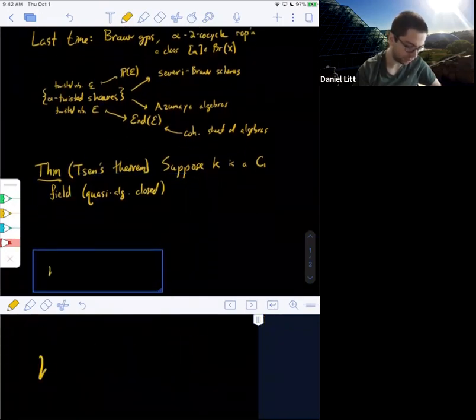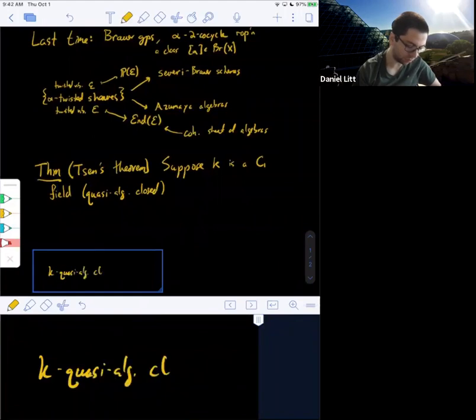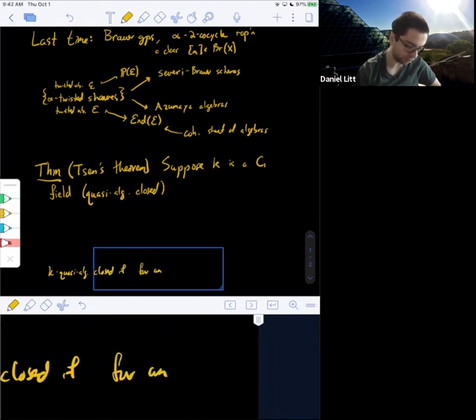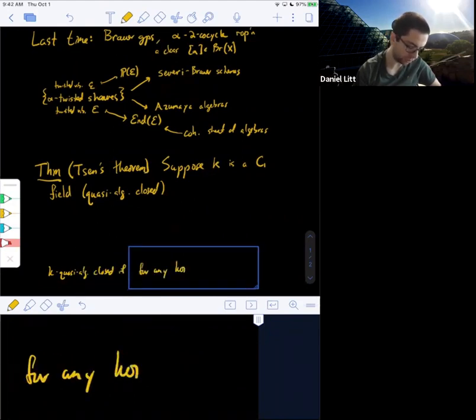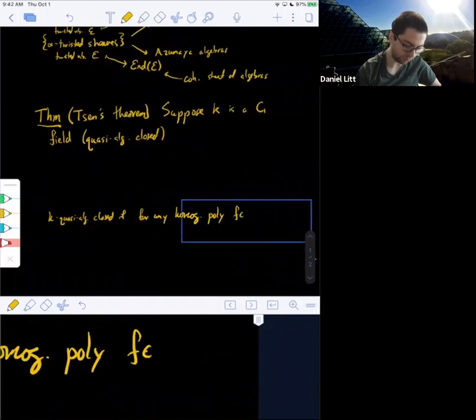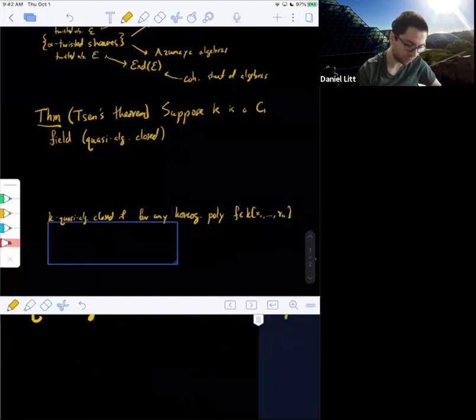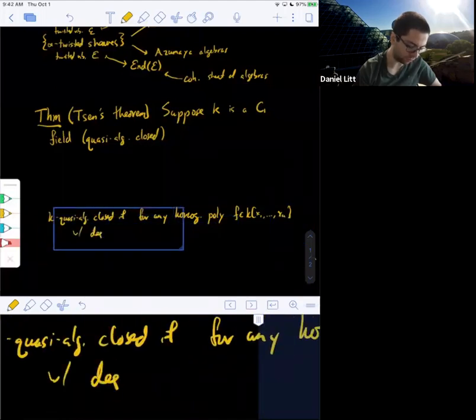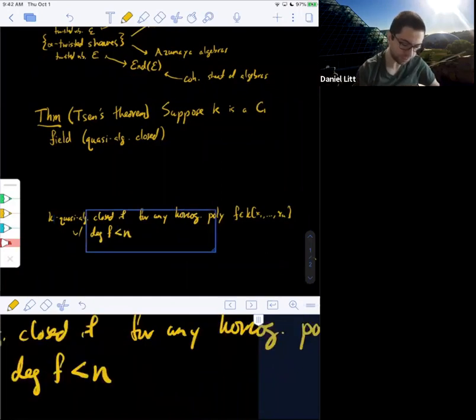So we say K is quasi-algebraically closed if for any homogeneous polynomial f in K[x1, ..., xn] with degree of f less than n, so the degree is less than the number of variables, then what's the condition?